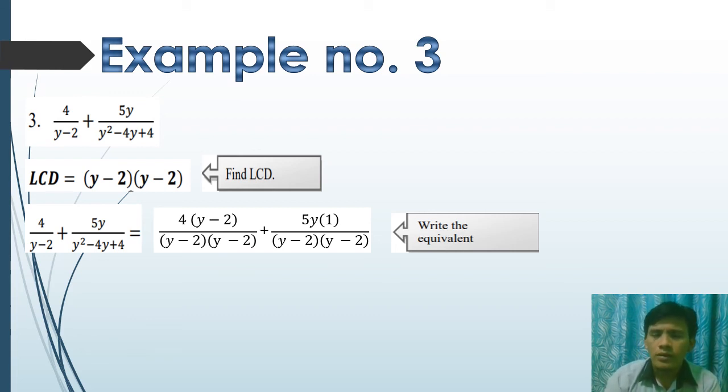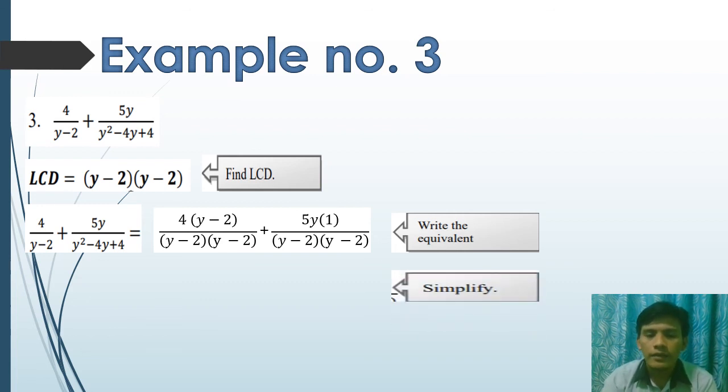So the LCD over the quantity y minus 2 quantity y minus 2, which is the factor of y squared minus 4y plus 4. So the result is what? Both cancel out, or quantity 1. 1 will be multiplied to our old numerator, which is 5y.